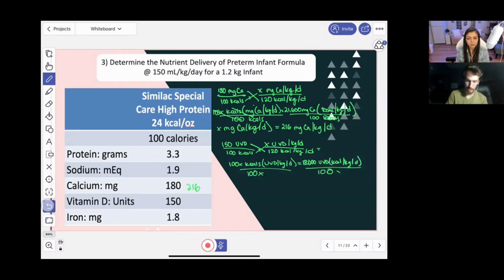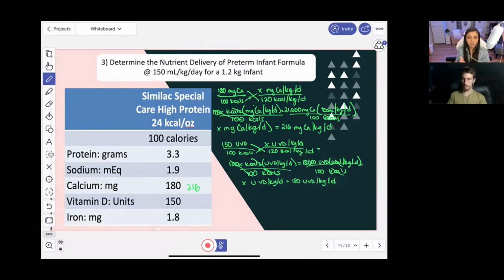Or rather, I'm sorry, we're going to divide by 100 kcals on each side to solve for x. So that's going to give us x units of vitamin D per kilogram per day equals approximately 180 units of vitamin D per kilogram per day.